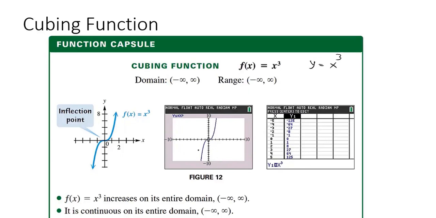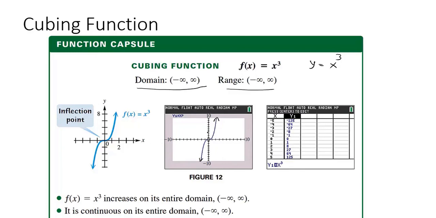Cubic function would be like f of x equal to x cubed, y is equal to x cubed. You can look at the graph of the function using your graphing calculator. As you can see, the domain would be all the values from negative infinity to positive infinity, and the range also would be the same, negative infinity to positive infinity.